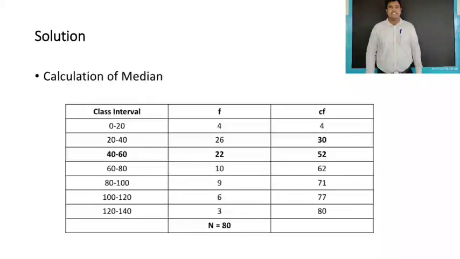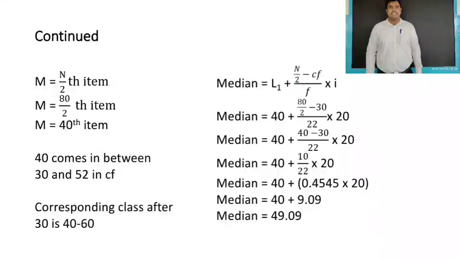Coming back to the cumulative frequency, 40 comes between 30 and 52. So the corresponding class, 40 to 60, is marked in bold, and the frequency is 22. The corresponding class after 30 is 40 to 60. Then I'll apply the formula.